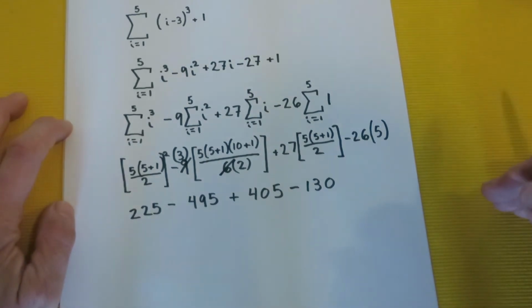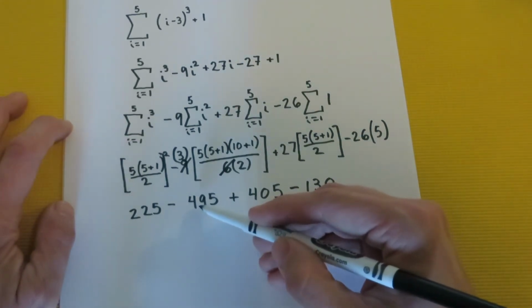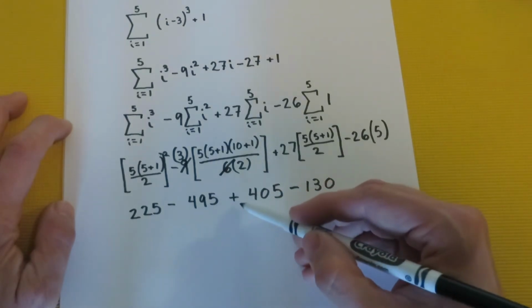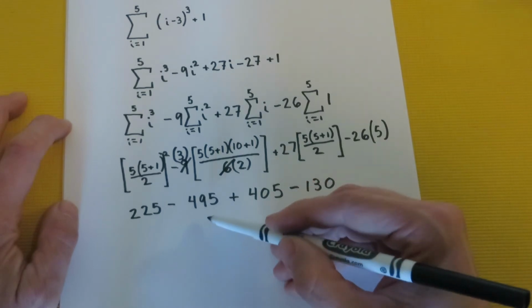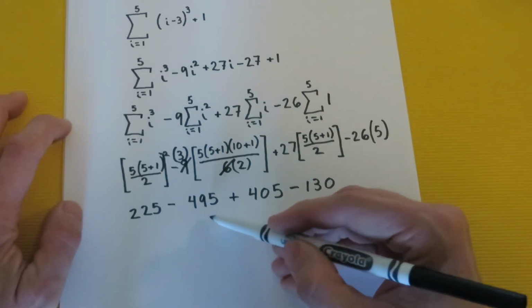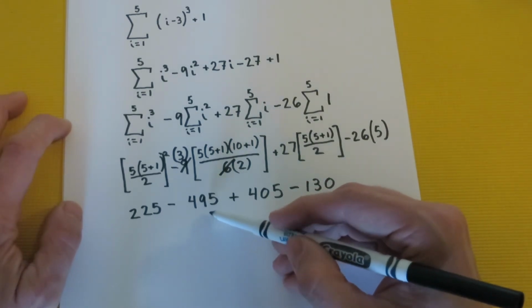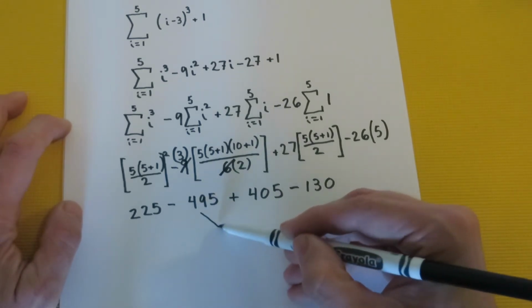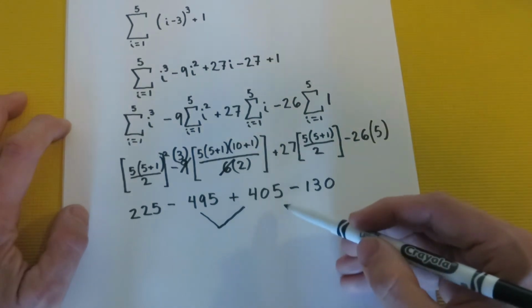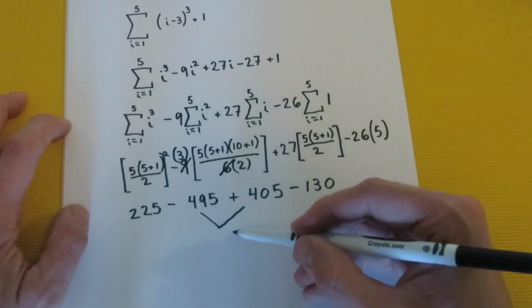So right off the bat, I noticed that here we have a minus 495. Here we have a plus 405. So we could consolidate these two terms. I'm just going to draw a little tree here, and we'll try not to ignore anything, but just remember we have some branches that we will be getting back to.